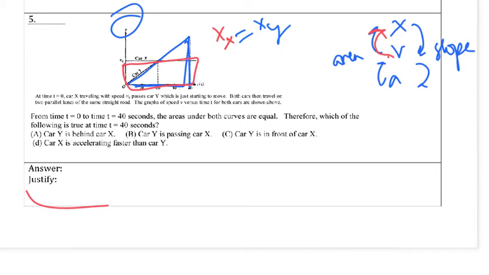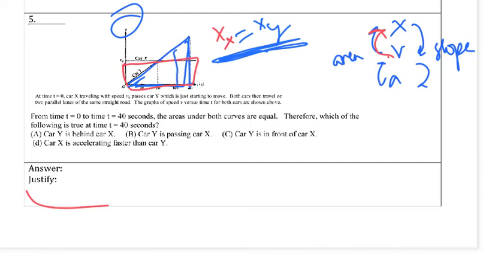Okay, so I'm going to read the options. Car Y is behind car X. Y is passing X. Y is in front of X. Or X is accelerating faster than Y. Okay, so we know that their positions are the same, okay, all throughout before t equals 40 seconds, this triangle has been smaller than the rectangle.